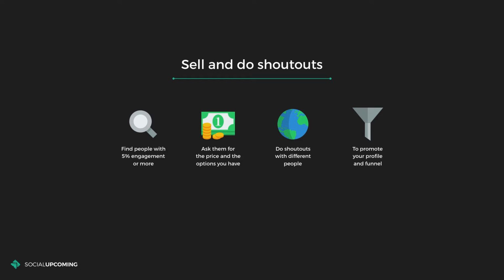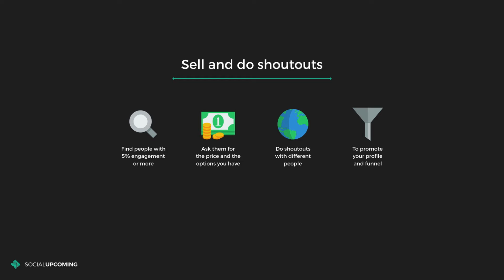And when you locate and identify these profiles, you want to make sure that they have an average of about 5% engagement. If, let's say, a 100,000 follower profile has less than 2,000 likes on each photo, that means there's a risk.